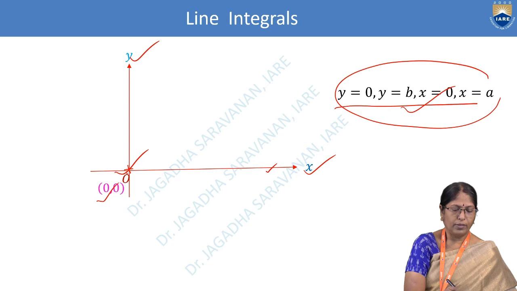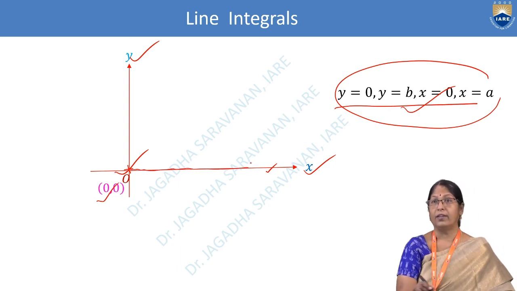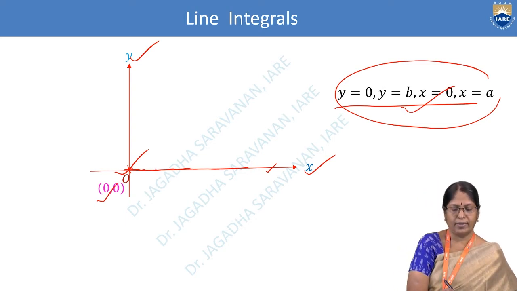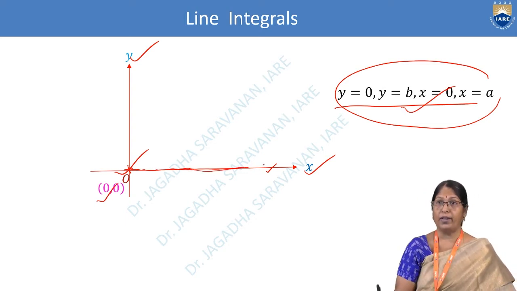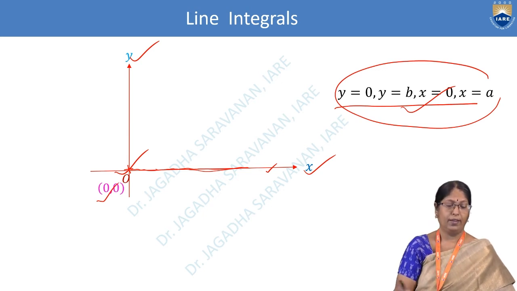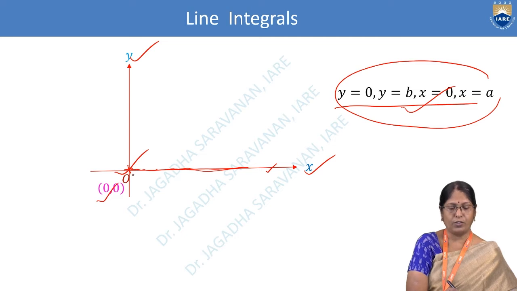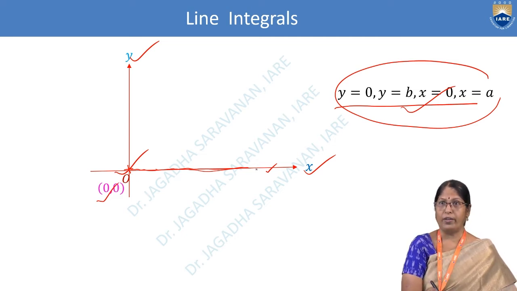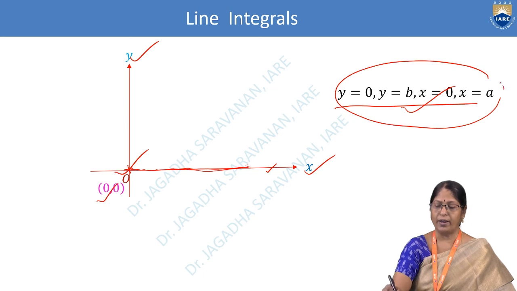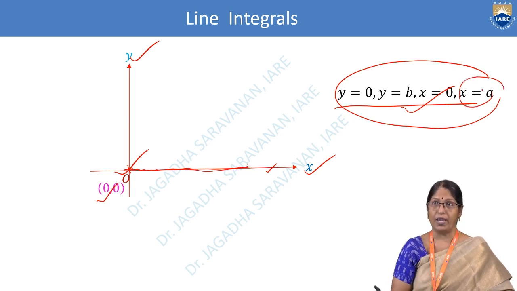Now, the particle starts from here, on the x-axis. It moves along the x direction, that is, it moves horizontally. When it moves horizontally, it starts from 0 and goes to some point. That means it should cut the x-axis at some point. It is given x equal to a.